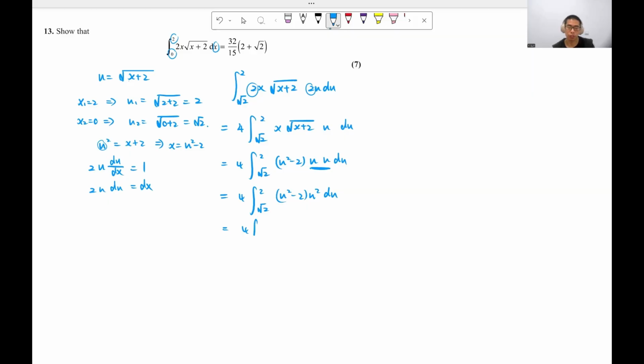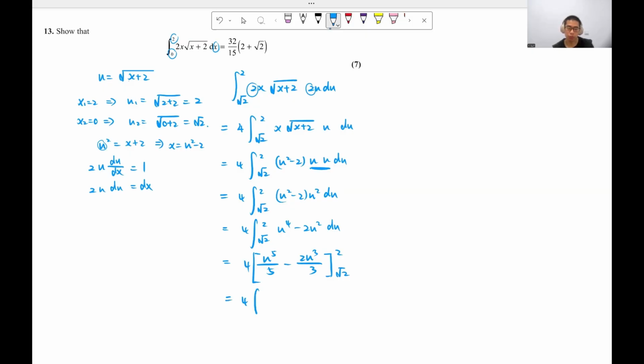Now if we expand everything, that gives us u to the power 4 minus 2u squared du. Integrate this. This is just a very simple basic integration: plus 1 to the power, divided by the new power. And then the limits will be 2 and root 2 with 4 outside.